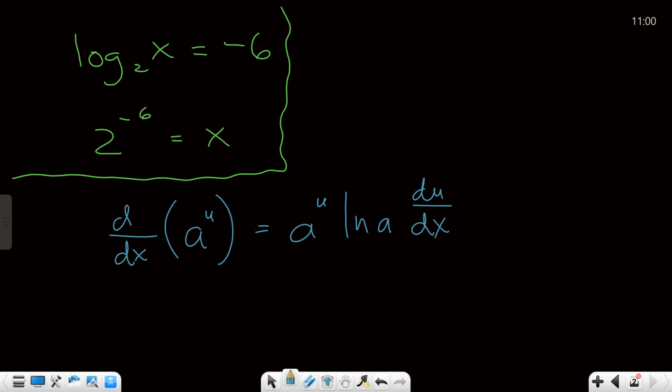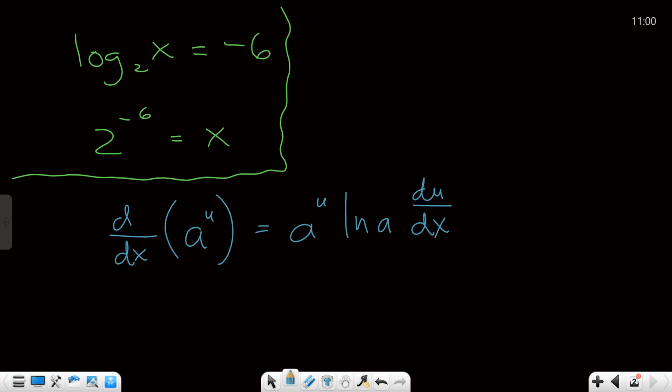What is du over dx also known as? The derivative of the exponent. If it was a to the x, would there be a du dx there? It's a chain rule.